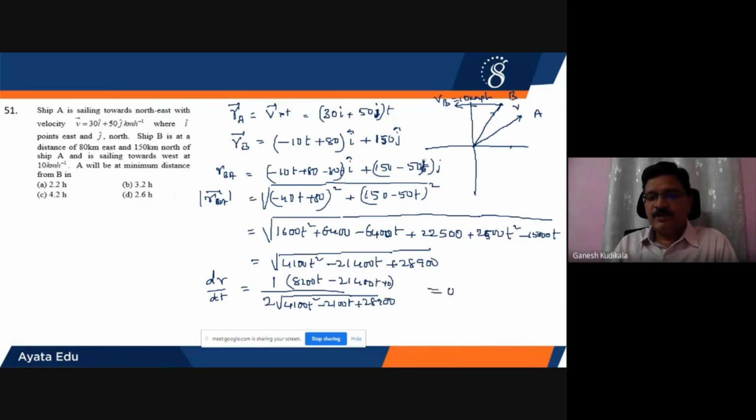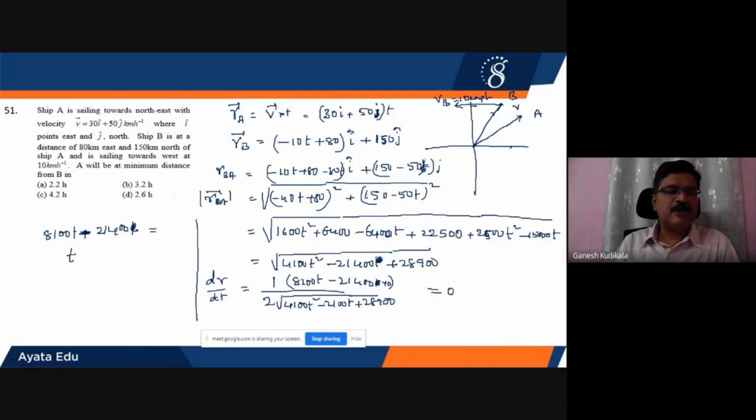This derivative must be equal to 0, because the first derivative, be it maximum or minimum, has to become 0. Finally, I'll be working on this equation, taking only the numerator part. It is 8200 t minus 21,400 will be equal to 0.